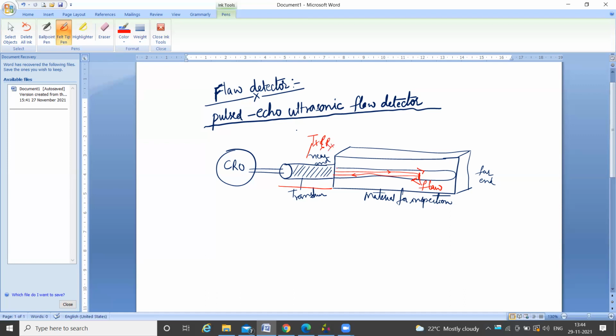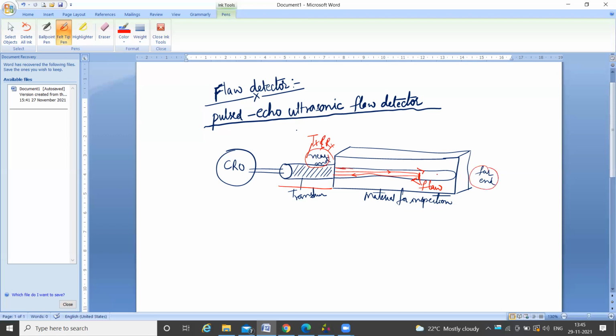It sends an ultrasonic pulse through the material to be measured for flaws. In that material, ultrasonic waves are transmitted by this transducer, and these ultrasonic pulses travel from the near end to the far end without any echo signals.